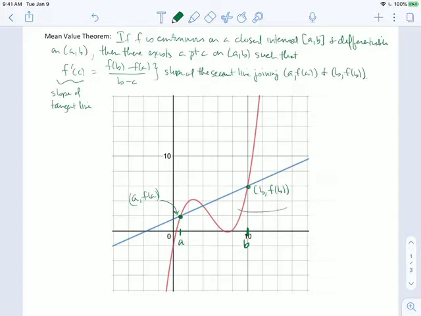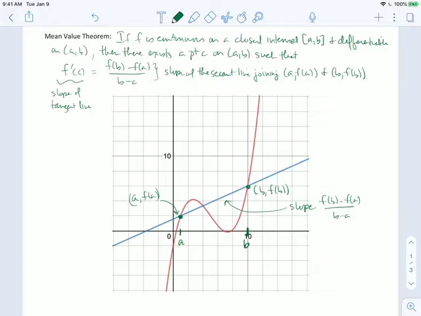And so the blue line here has slope f of b minus f of a over b minus a. And what the mean value theorem says is that there's at least one point in between a and b where the slope of this tangent line is equal to the slope of this blue line.